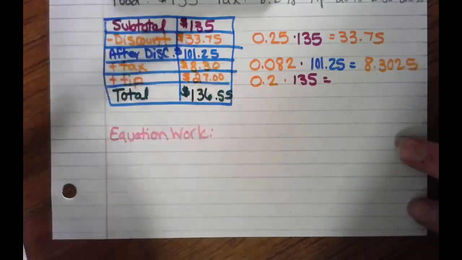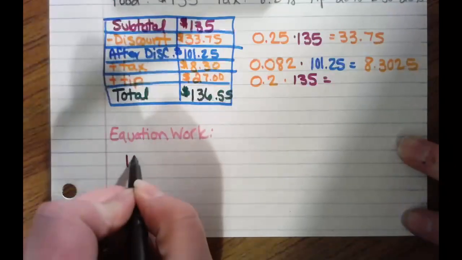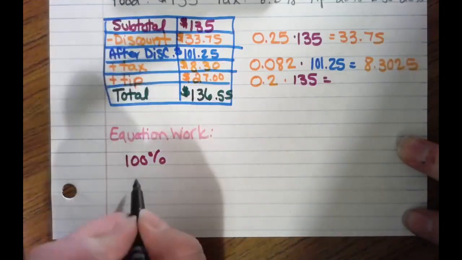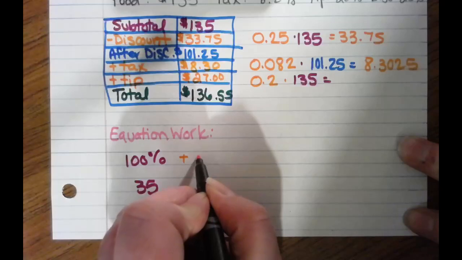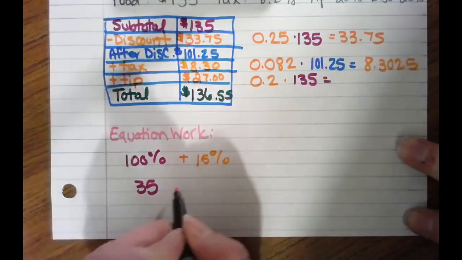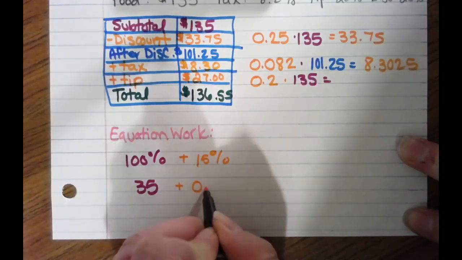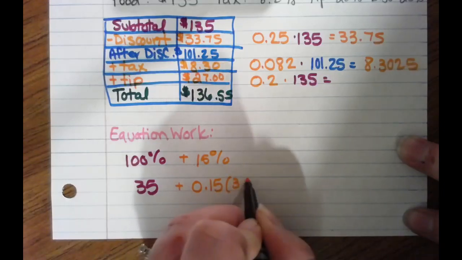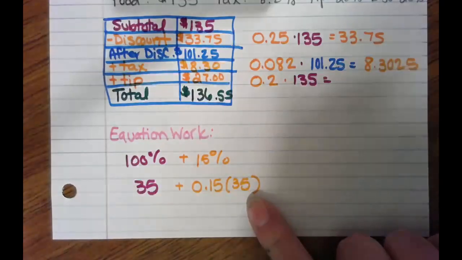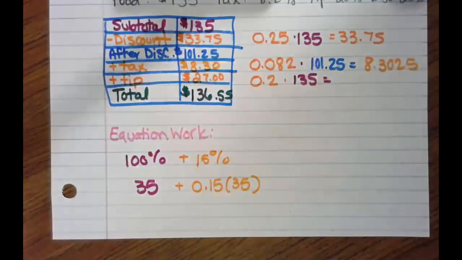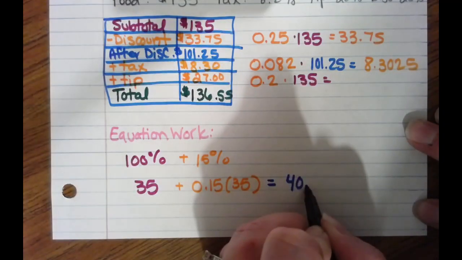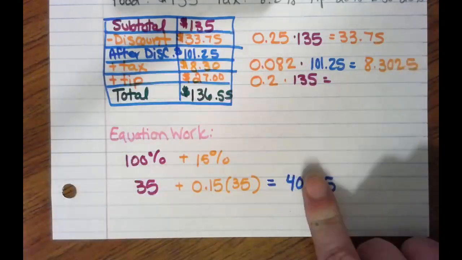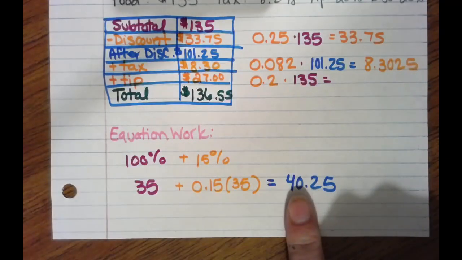So if you think about 100% of it being 35, then we added 15% of it, which was 0.15 times 35. Remember, that's how we find 15% of a number. And that equals 40.25. So this equation represents what we did.